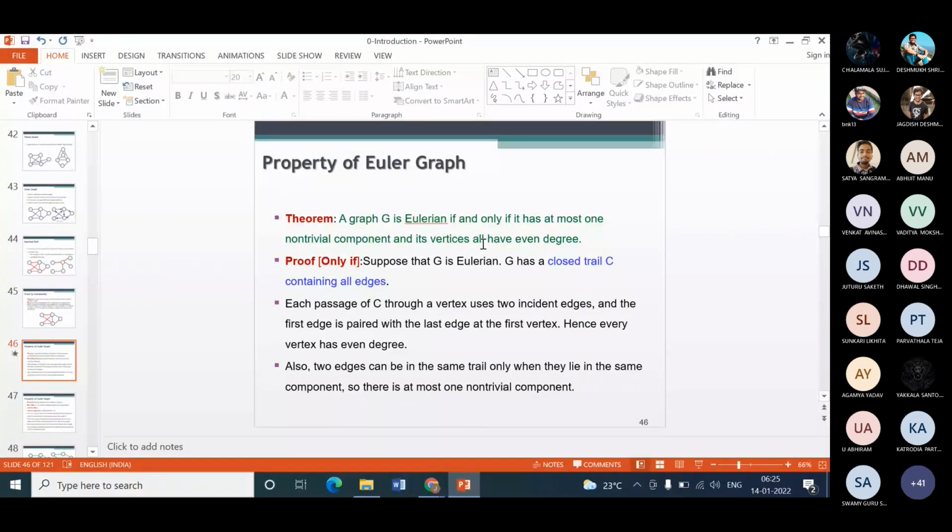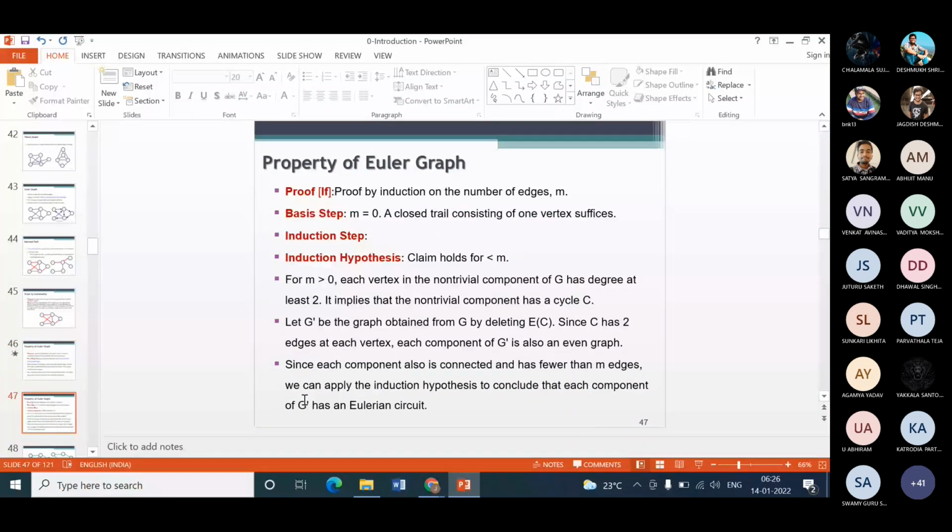So we can find a cycle, and if we delete that cycle, we again get another even graph G prime. This means that, given this non-trivial component where each vertex has even degree, we can actually break this even component into cycles. That is the thing that is done in this proof. So the given graph G can be composed of different cycles.